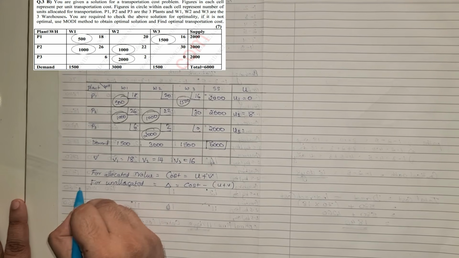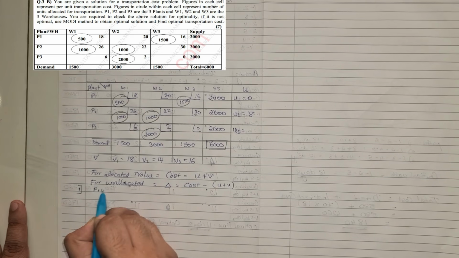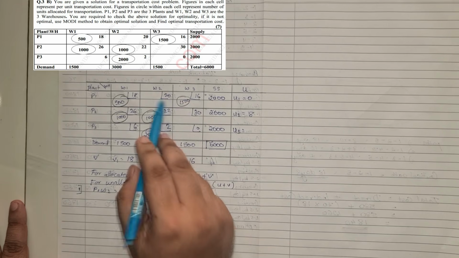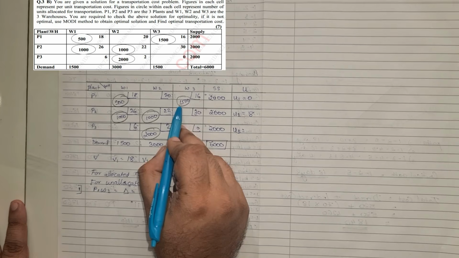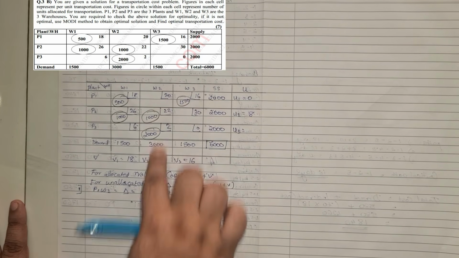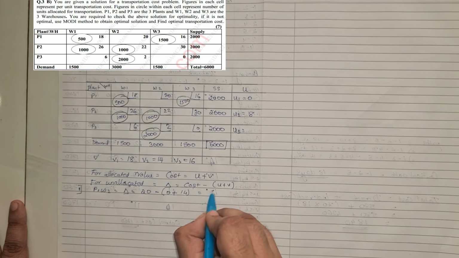Let us see one by one which are the unallocated cells. The first is P1W2. For P1W2, delta is equal to cost, which is 20, minus u plus v. For this particular cell, u is 0 and v is 14. So that is 20 minus 14, which is 6.